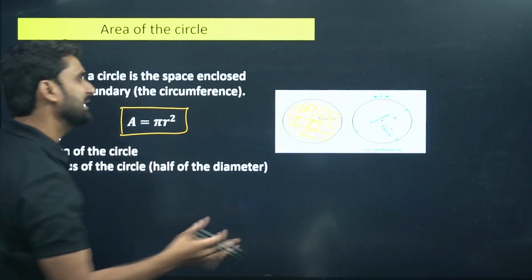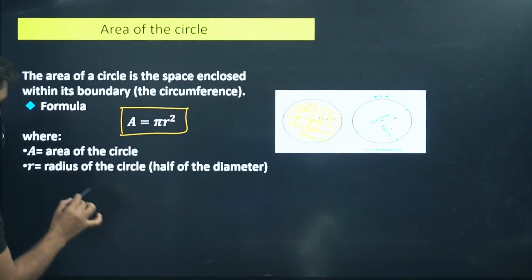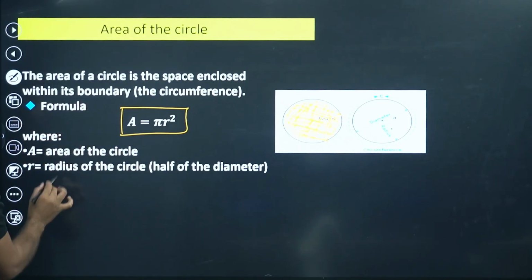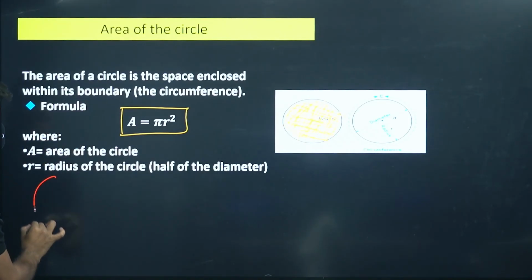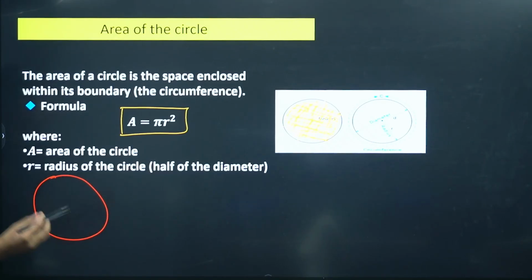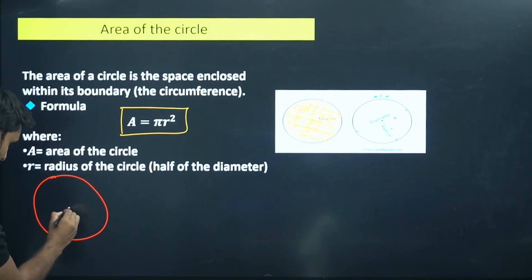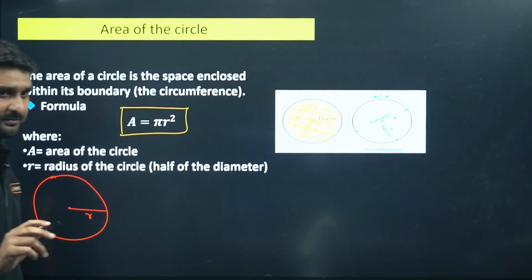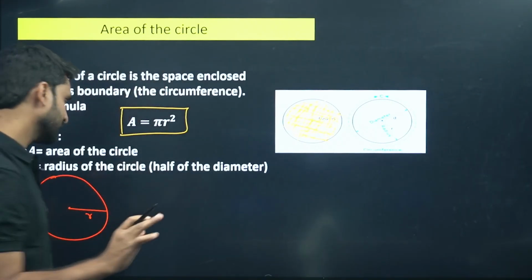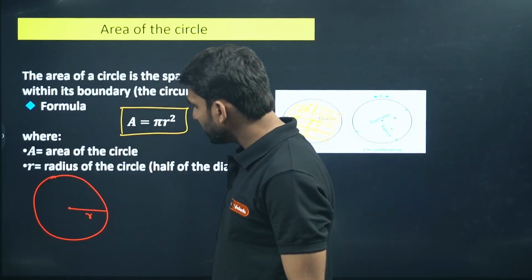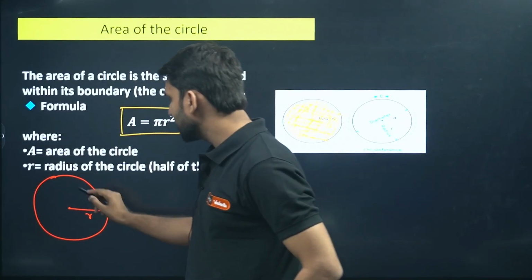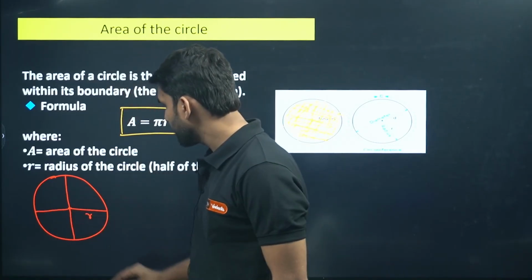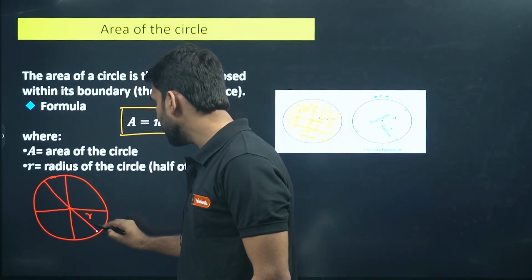Let's say there is a circle here, a circle of radius r, right? And I am dividing this circle into how many parts?